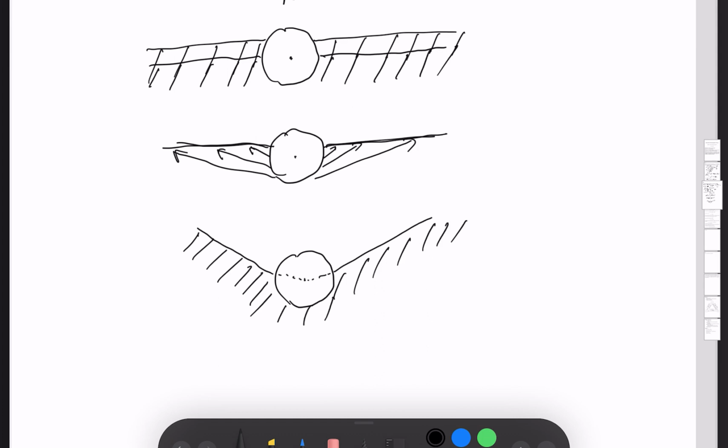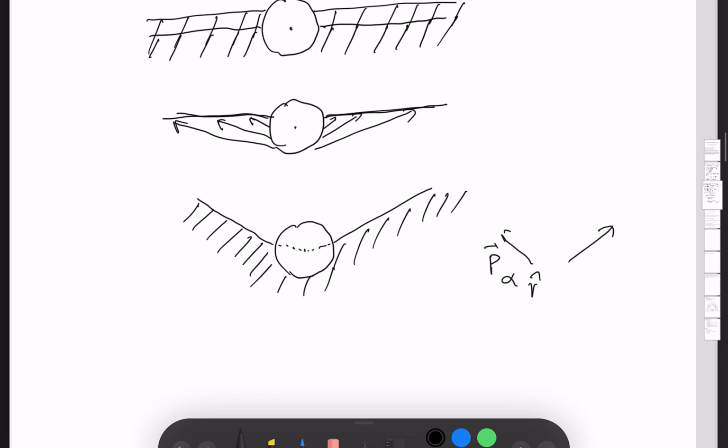Here we can still imagine that the P is radially going out. So in this case, the P is still parallel to this edge, and because it's parallel to the edge, there won't be any surface charge at the edge over here, or at the edge over here, and the problem is still possible to solve.